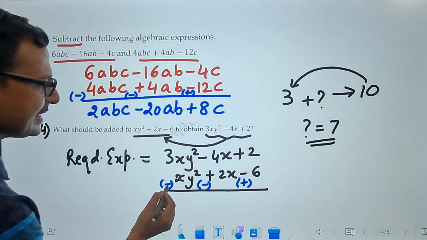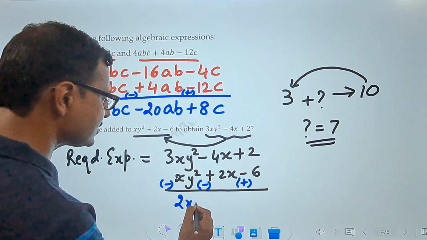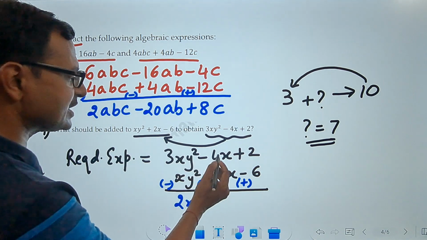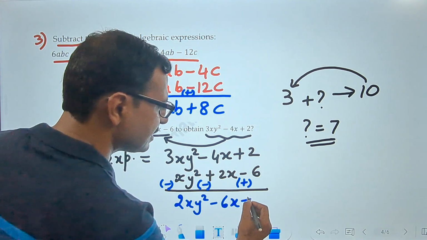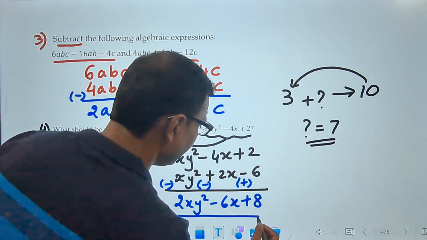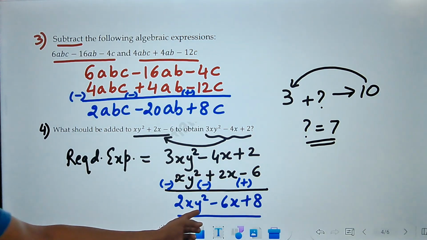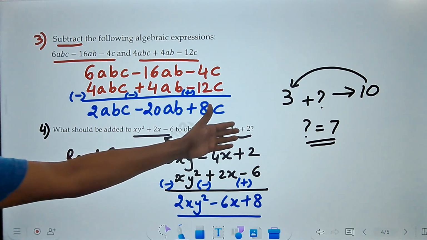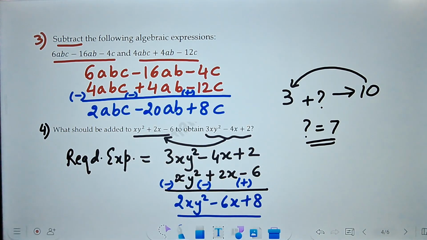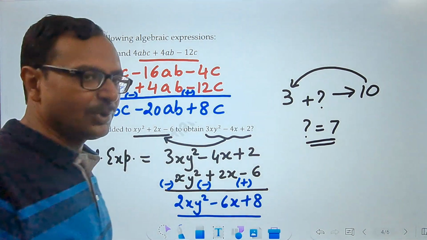And so 3 minus 1 is 2, so 2xy square. Then this is minus 4 minus 2 which is minus 6x and plus 2 plus 6 which is plus 8. And here we go. This expression 2xy square minus 6x plus 8 should be added to this to obtain this particular polynomial. That was question number 4 for all of you.